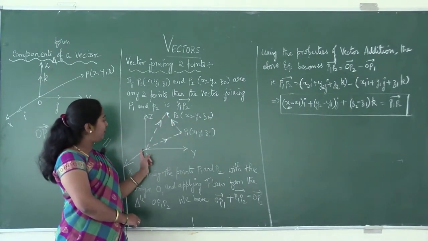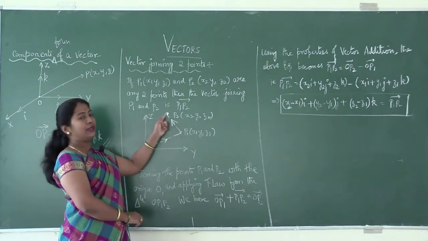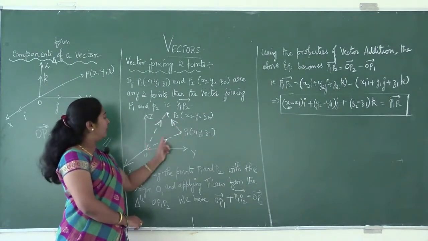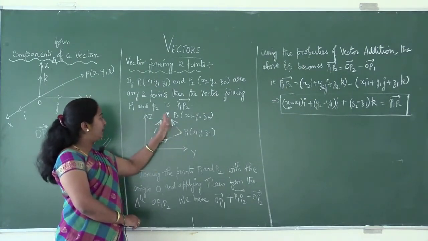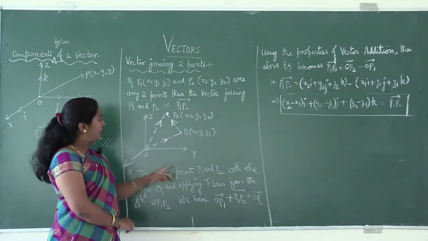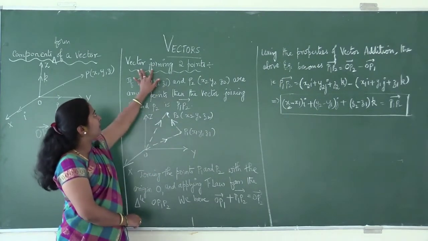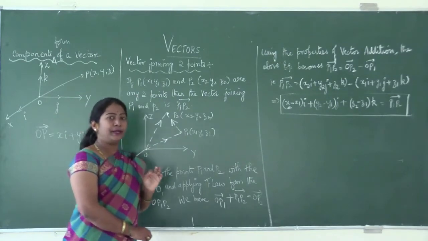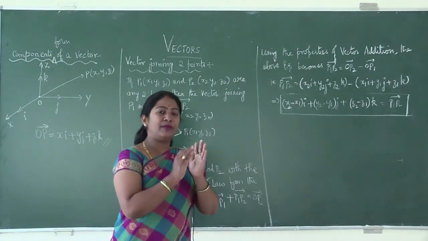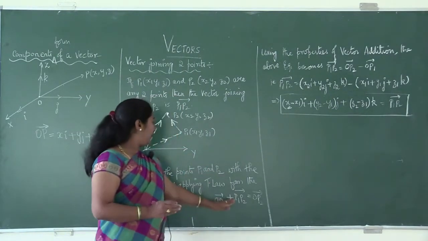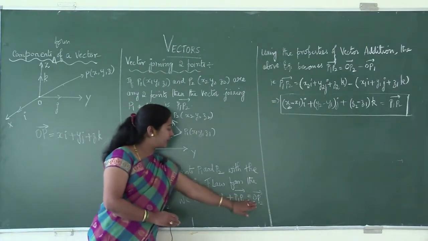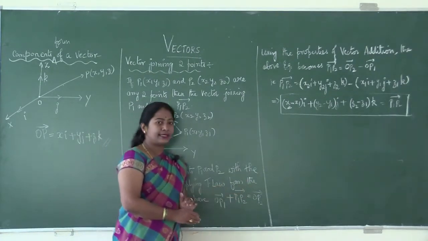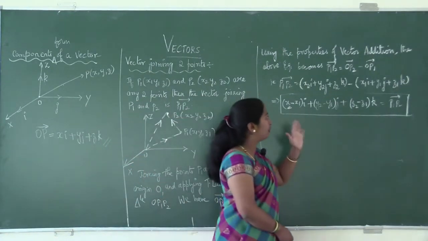The direction is moving from O to P1 and then from point P1 to P2. So vector OP1 plus vector P1 P2 gives you vector OP2. But we are discussing about 2 points, that is P1 and P2. So vector P1 P2 I will retain as it is. OP2 I already have on the RHS. I will shift this OP1 to the other side and it becomes minus OP1.